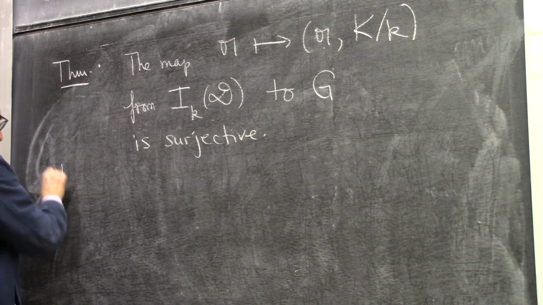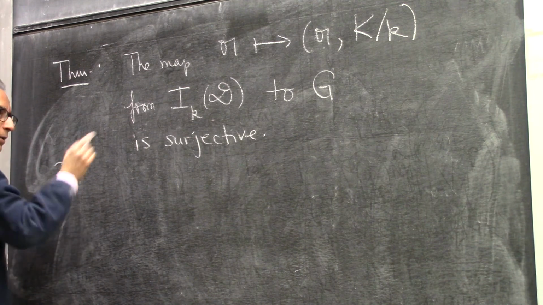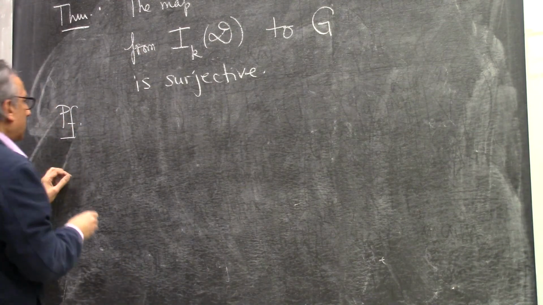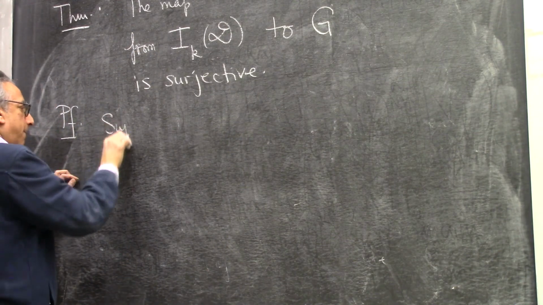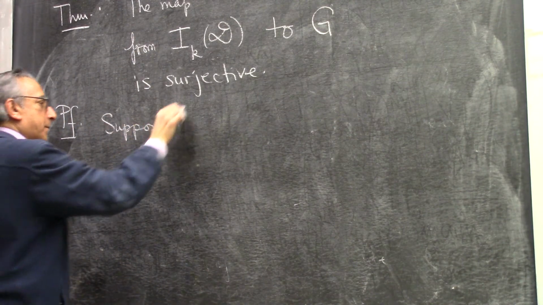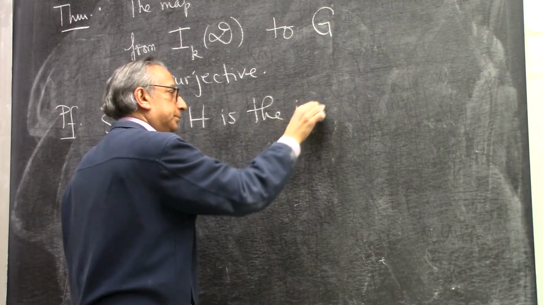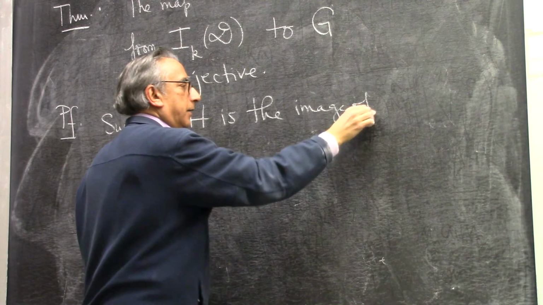So the proof is nice because it uses what we just finished proving. So suppose not. Suppose H is the image of the Artin map.